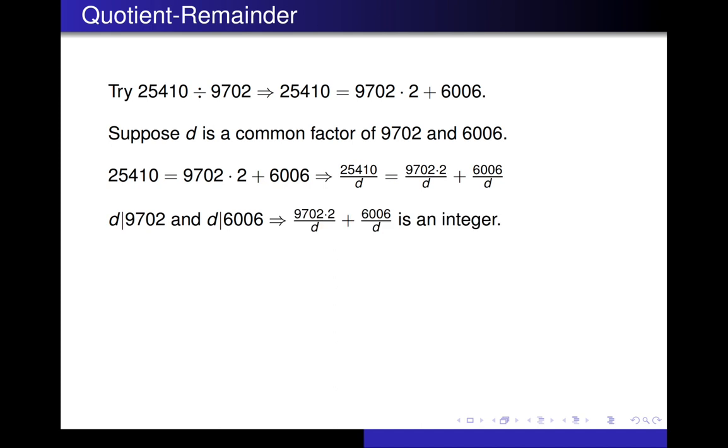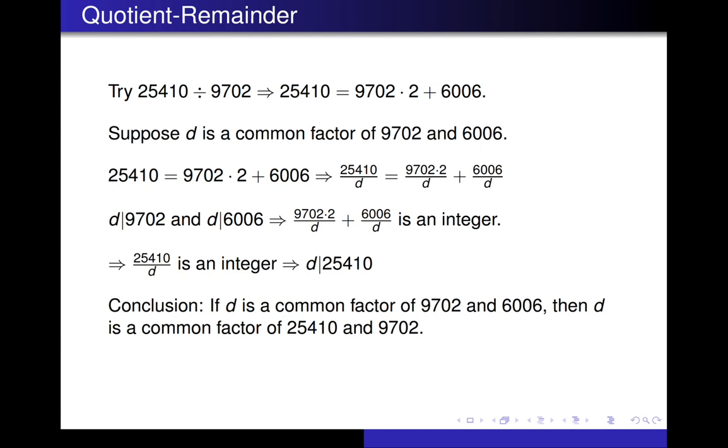And that tells us that adding them together will give you an integer, but that also means that 25,410 over D is an integer, which means D divides evenly into 25,410. And that tells us that if D is a common factor of 9702 and 6006, then D is a common factor of 25,410 and 9702.